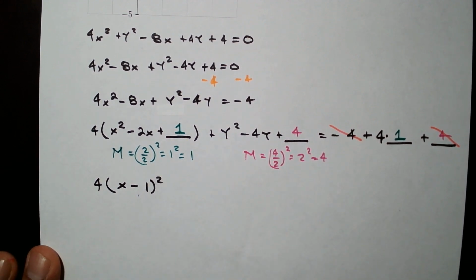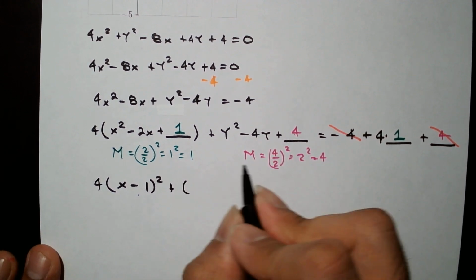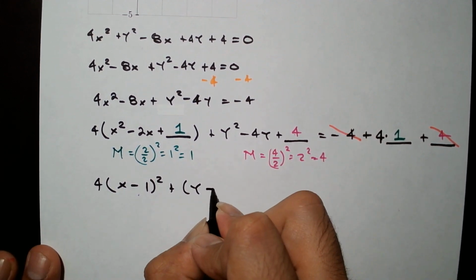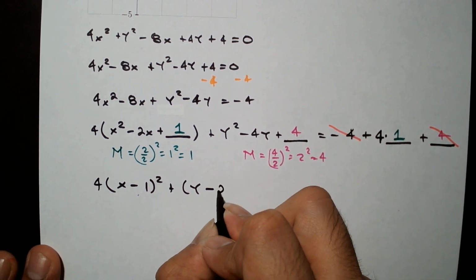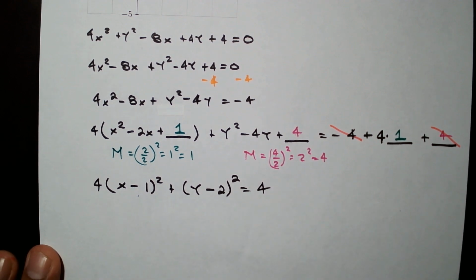The square root of 1 is 1, and then plus the square root of y squared, which is y, the sign of the middle term, and the square root of the second term, which is 2. Quantity squared, that equals 4.